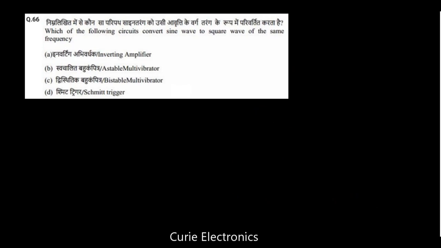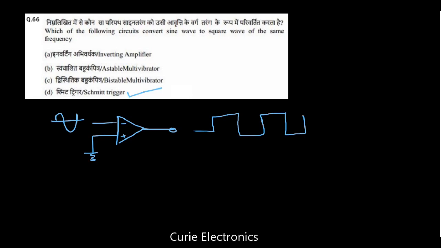Which of the following circuits convert sine wave to a square wave of the same frequency? It is the Schmitt trigger. In a Schmitt trigger, we can give a sine wave input. I'm just drawing it, I hope it is correct. We can give a sine wave input, and the output you will get is a same frequency square wave.